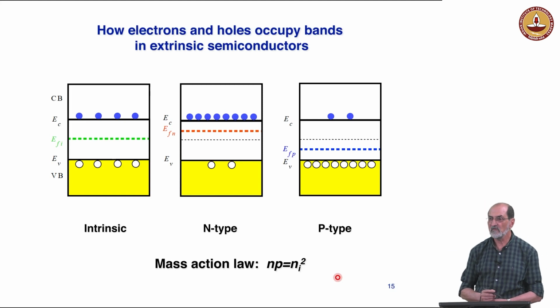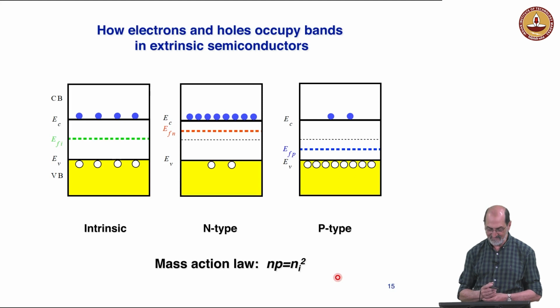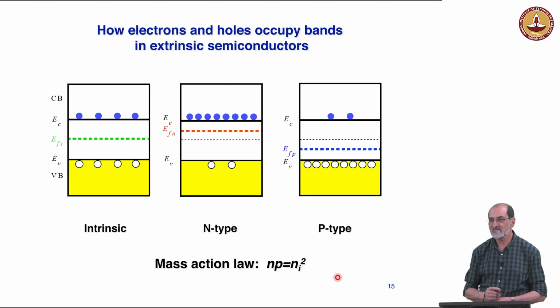Have you heard of the law of mass action? Yeah, in reactions, chemists love the mass action law. This is applied in electronics, but this comes from chemists. You see, I like some things coming from chemists after all. Well, what is the reason for this?